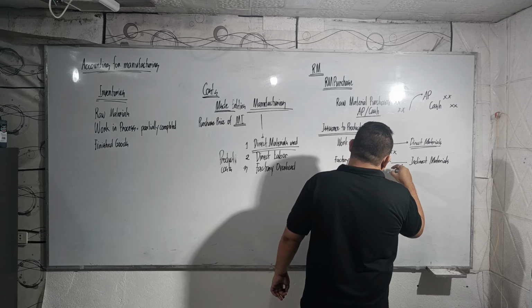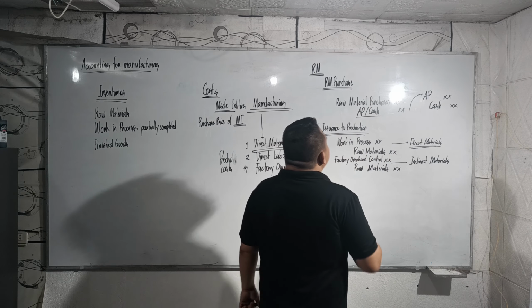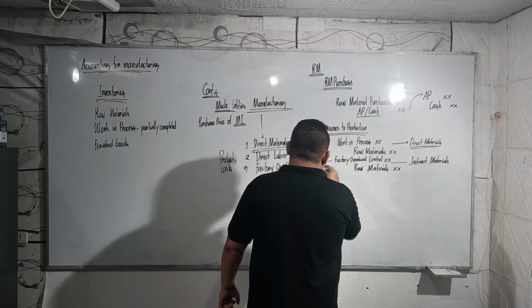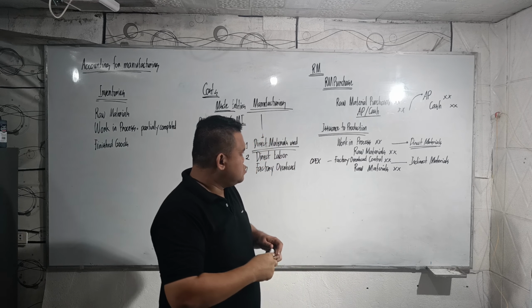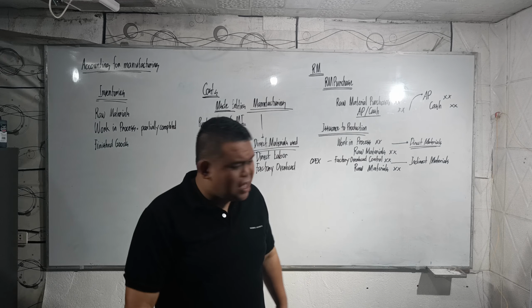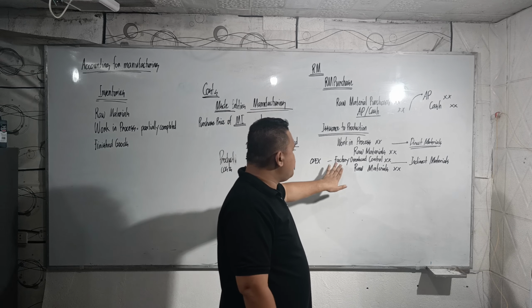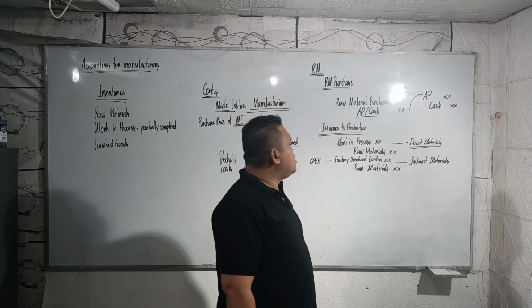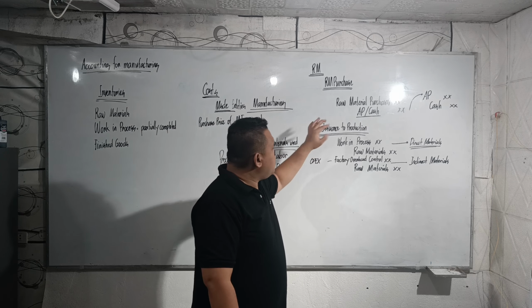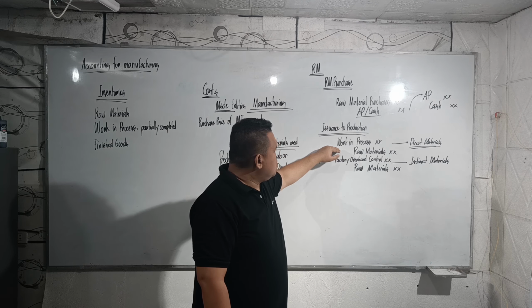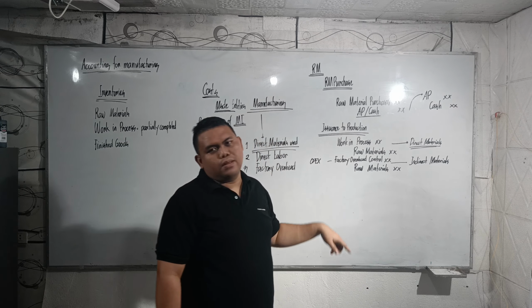I still consider them raw materials, but they will be stored in the factory overhead control, or the OPEX side. Sir, what is that? Why are indirect materials stored in the factory overhead control, whereas the direct materials go to work in process? So from inventory to inventory, and in here from inventory to OPEX?